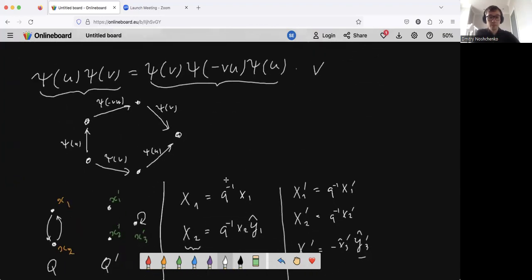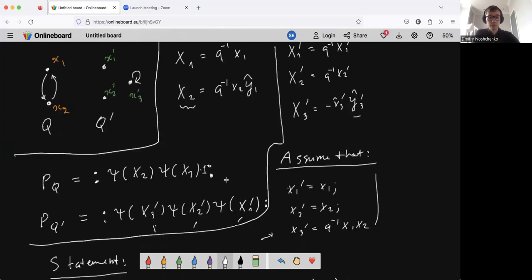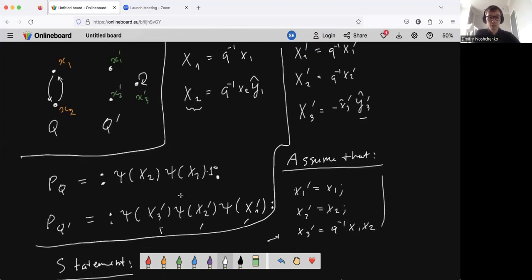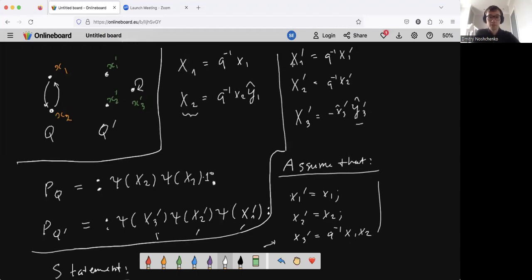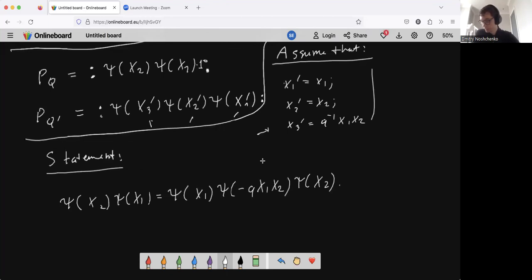And furthermore, we used the fact that after such identifications of these x variables, you can identify the operators as well. So you see that x1 equals x1 prime, x2 to x2, and well, okay, you see that not quite, right? Because we have here y1, but you can do a little trick, in fact. This little trick, just to make x2 and x2 prime equal, is to insert y hat 1 here.